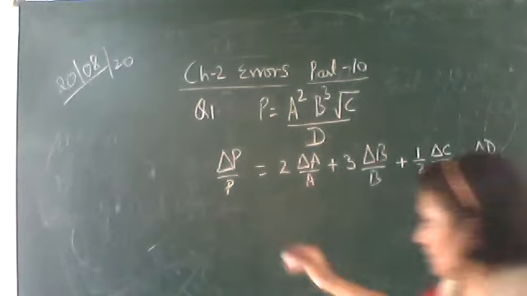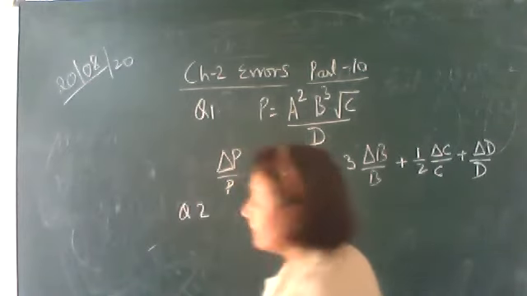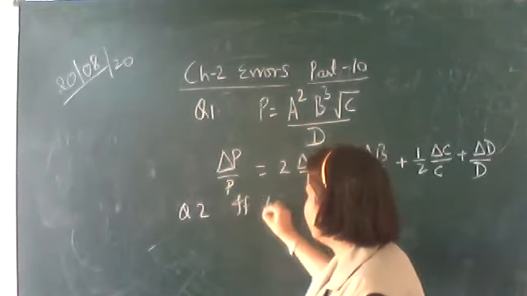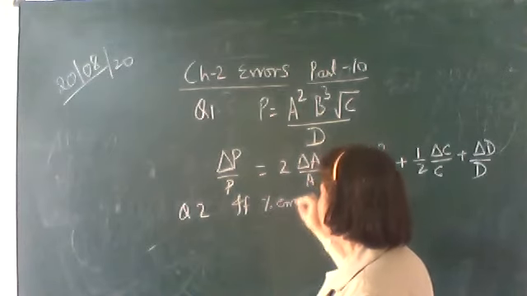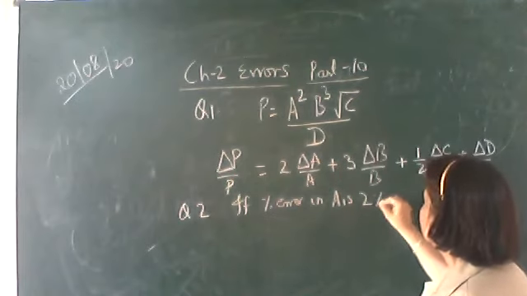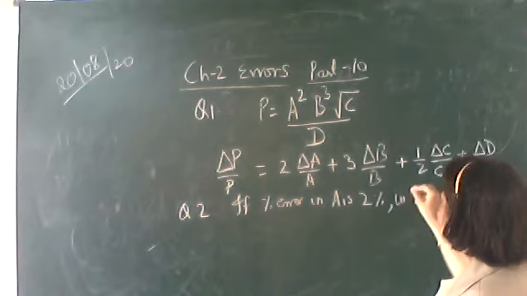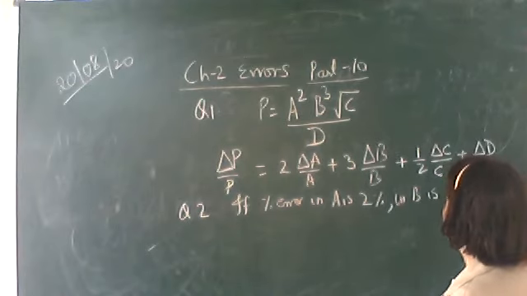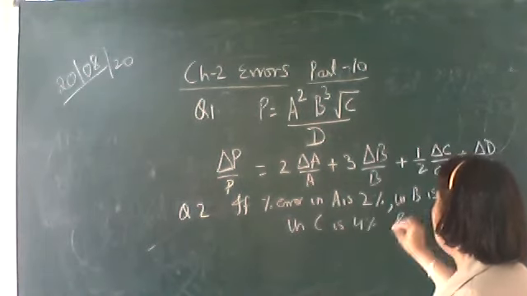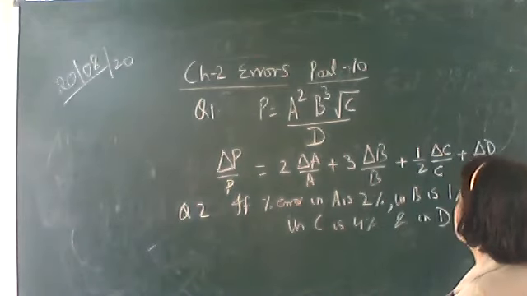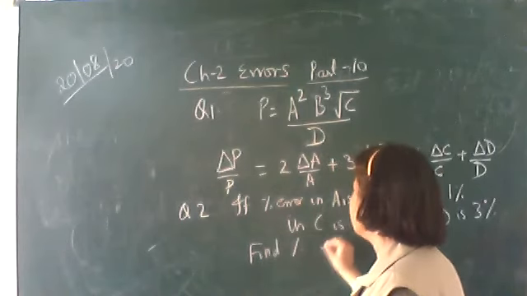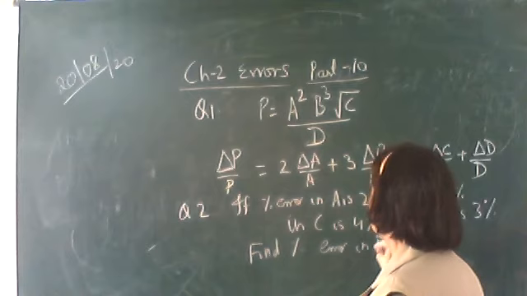Now the same question. Question number 2: if the percentage error in A is 2%, in B is 1%, in C is 4%, and in D is 3%, find the percentage error in P. Try to do it.